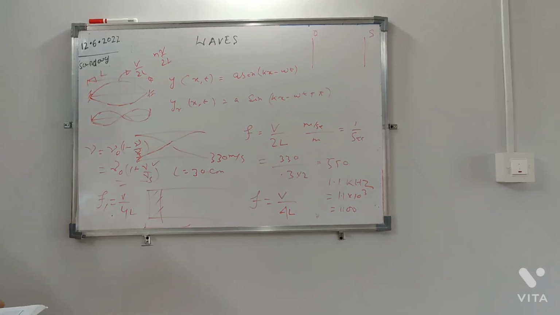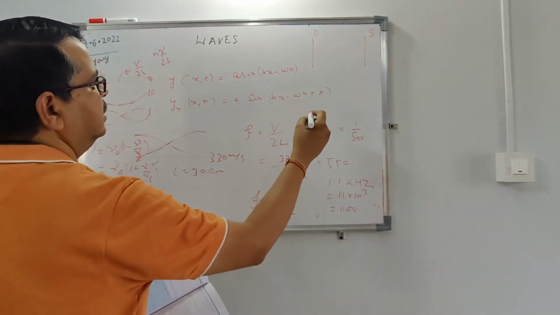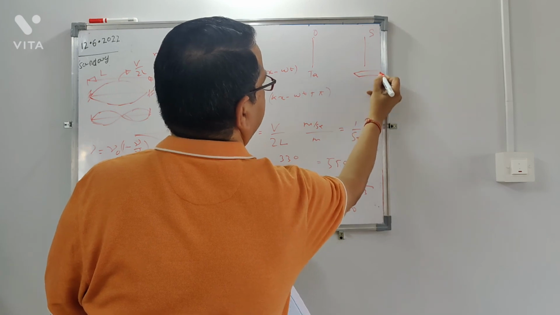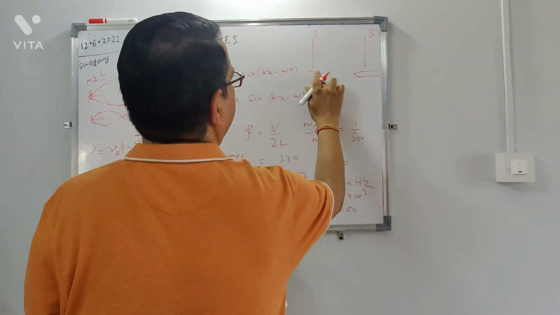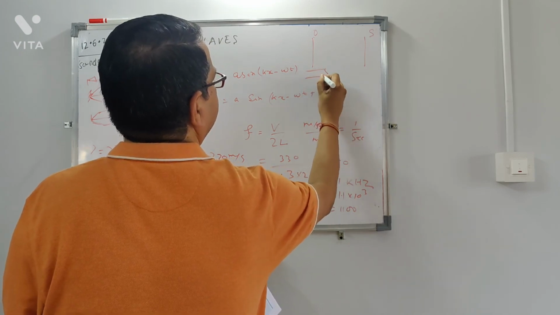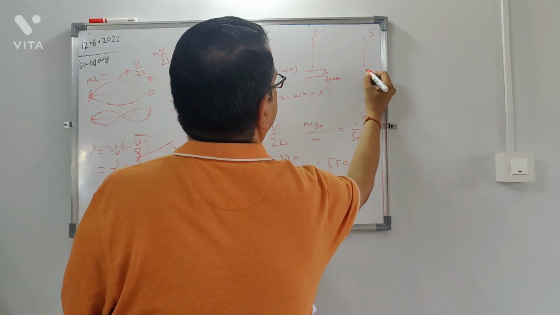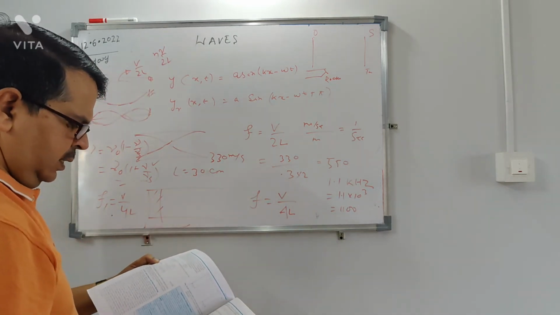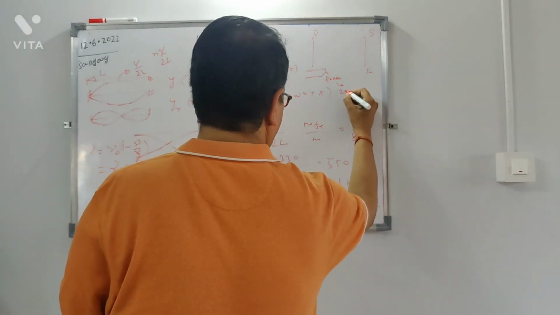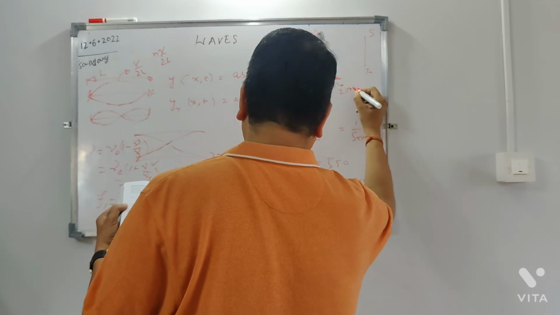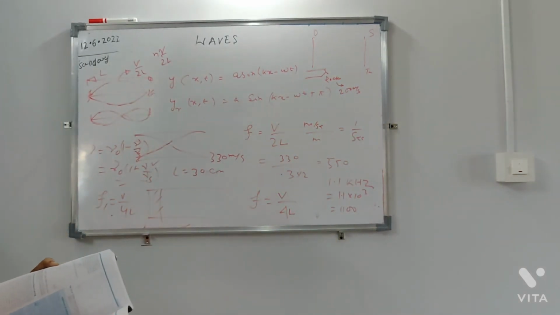You have a numerical related to that. A rocket is moving at a speed of 200 meter per second towards a stationary target.